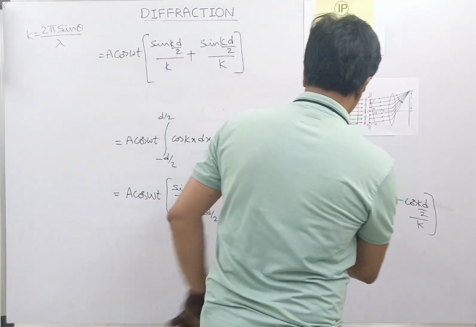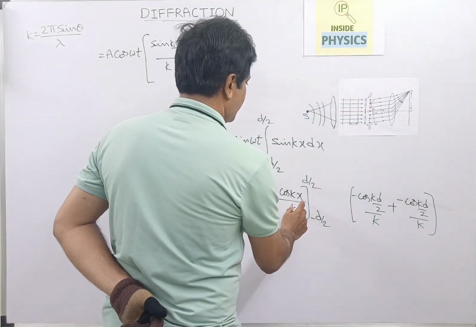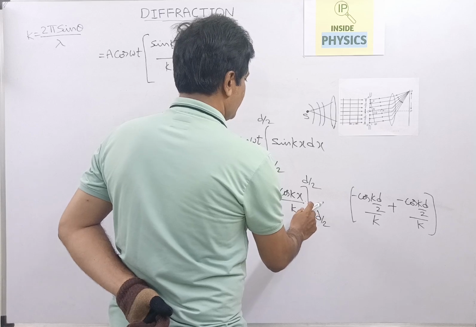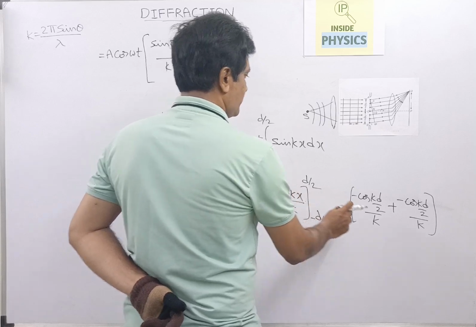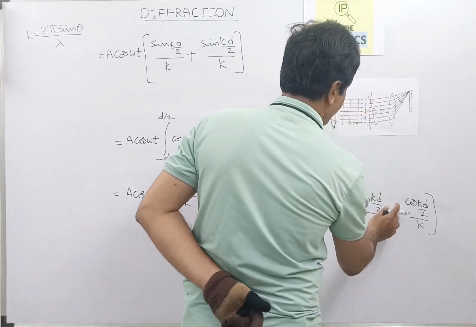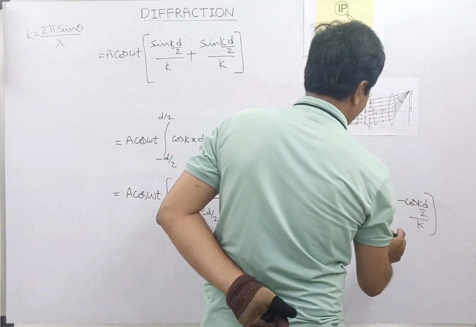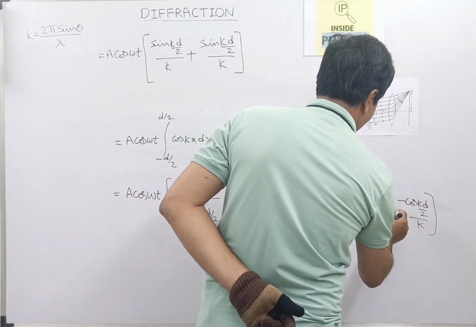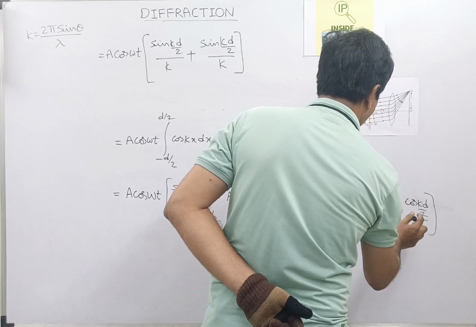Here we have minus k d by 2, minus of this one, so minus of minus will become plus. You can put minus here and have minus here, or put plus here and have this minus removed.